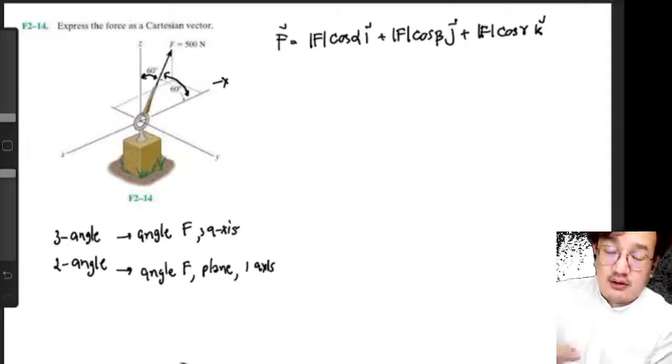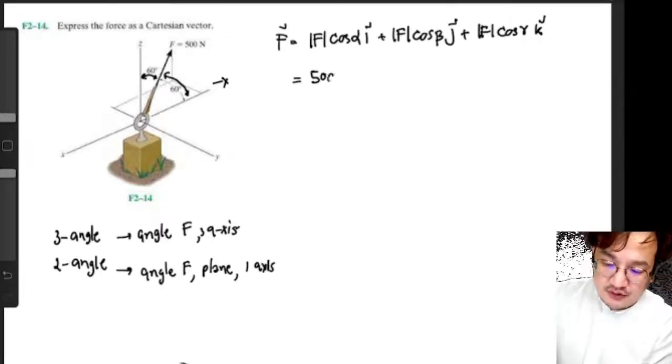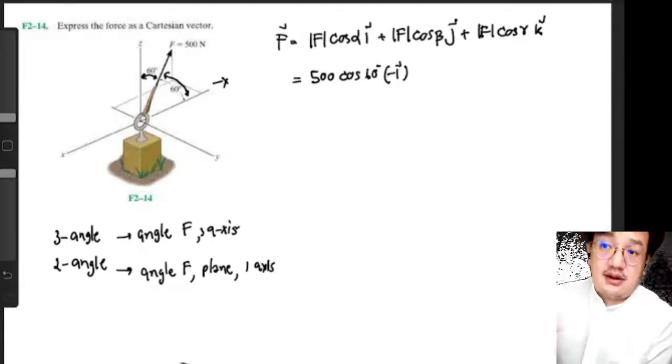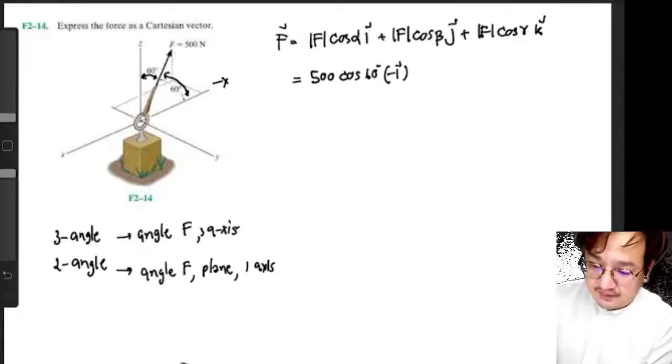Right now they already give you the magnitude of this force, which equals 500, and the angle between F and minus X. So I will write down here, and I will write the x component with a negative sign.